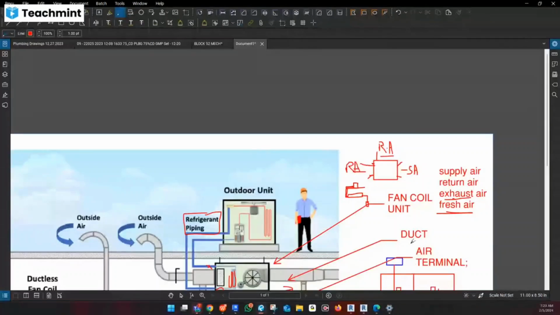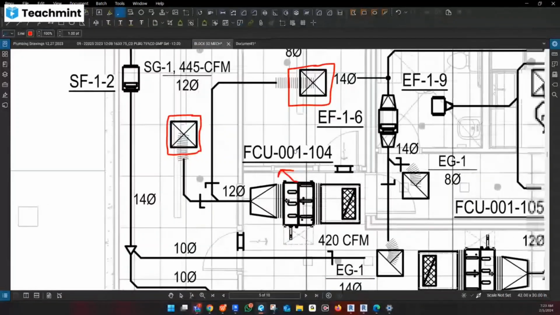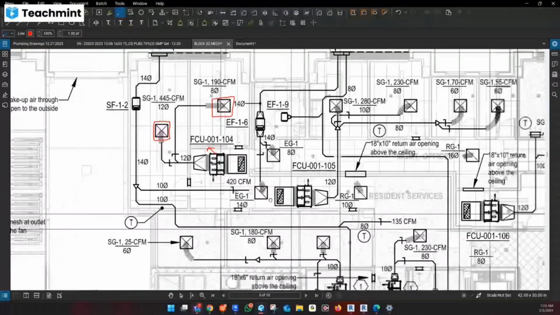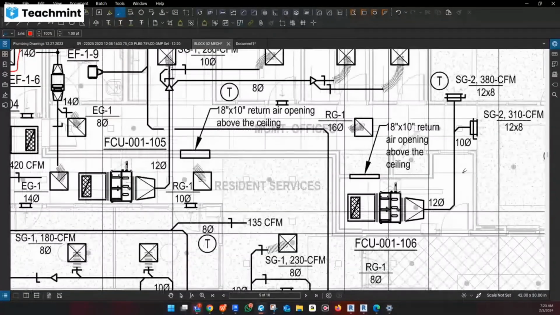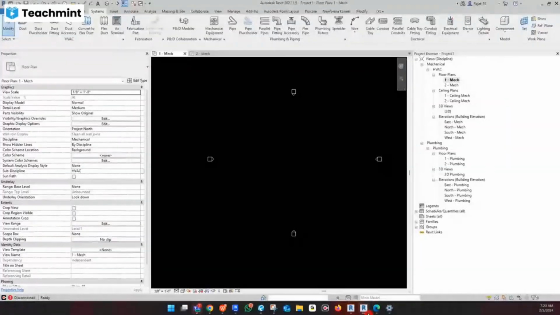Same here also, we have a supply over here right now, and there is no return required for now. We'll show you exactly how returns will work. But for this project, you can see we have another room here also. So whatever supply comes, the air will go like this and this. I will create just a basic requirement of the HVAC system over here so that you will get the idea.